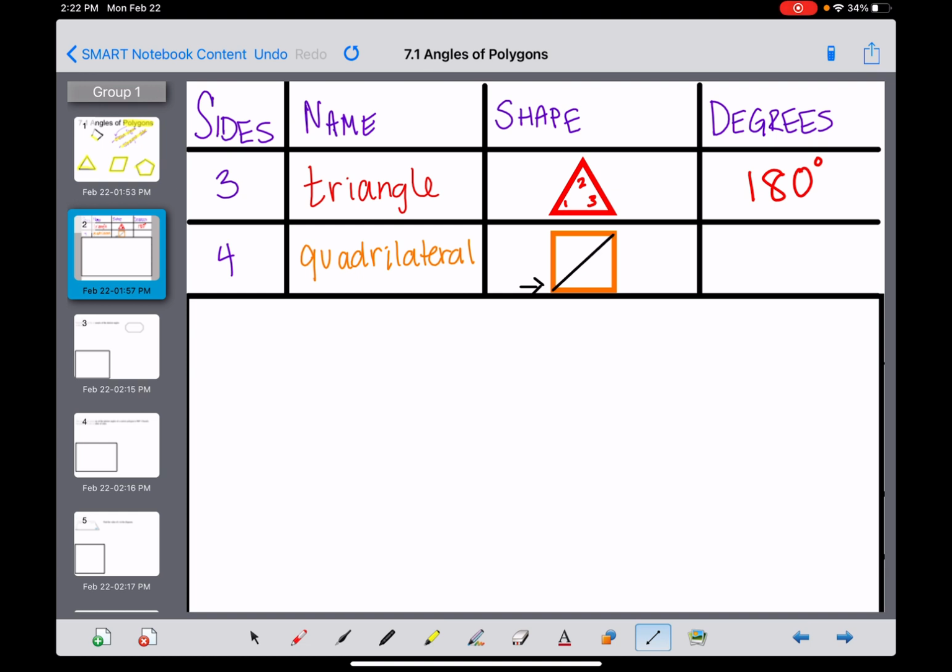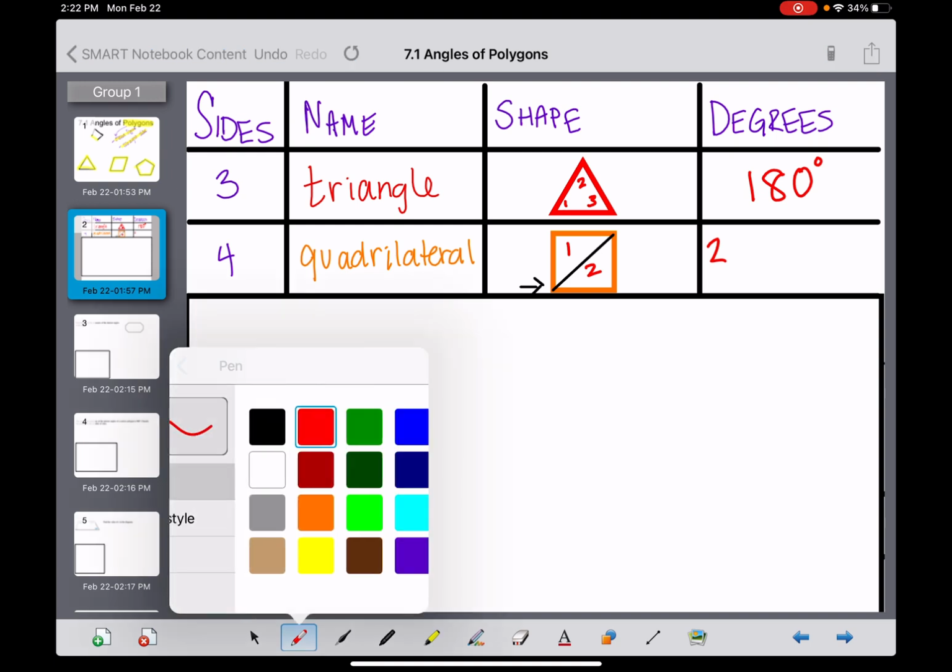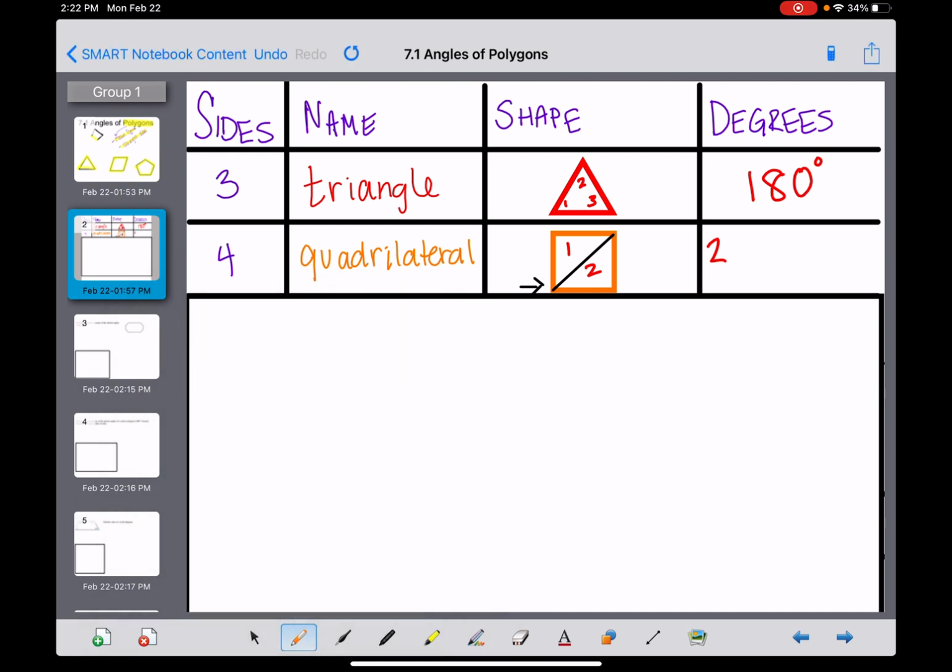So there is one diagonal, which means we have two triangles. Well, if we have two triangles and each triangle is 180 degrees, that means that a quadrilateral is 360 degrees, which makes sense because if we think about rectangles or squares, each of those angles are 90. 90 times 4 is 360.